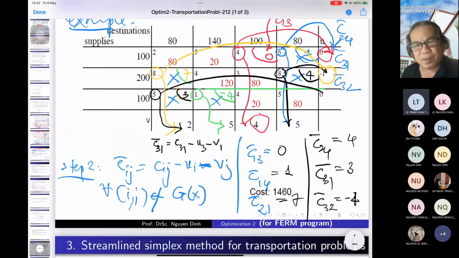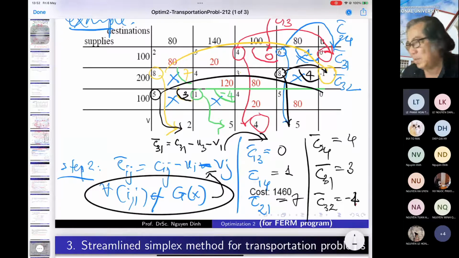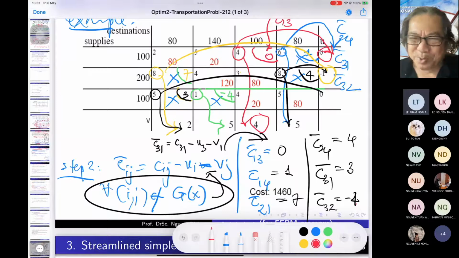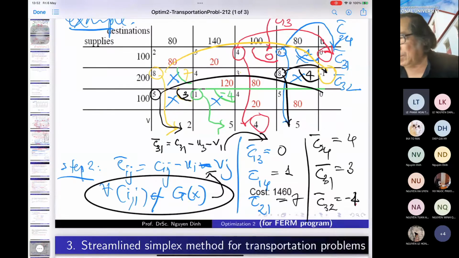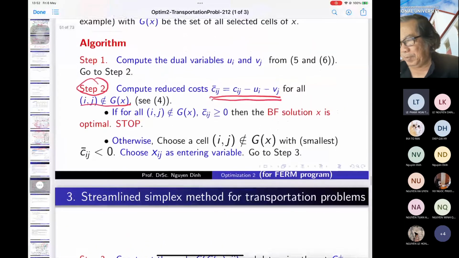Is that okay? So all this is for all ij that do not belong to Gx. You calculate C bar ij by this formula, and then you get this. Among these, take a look at step 2 here.